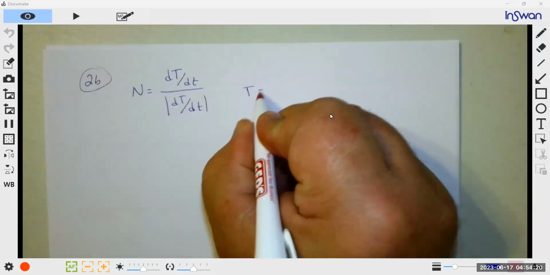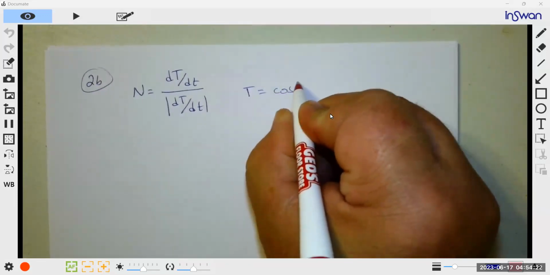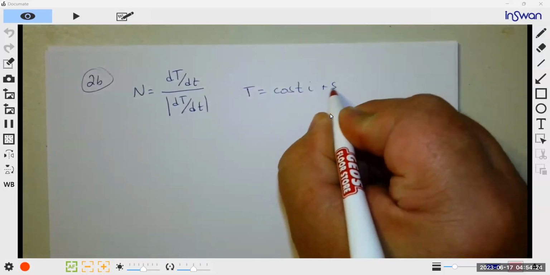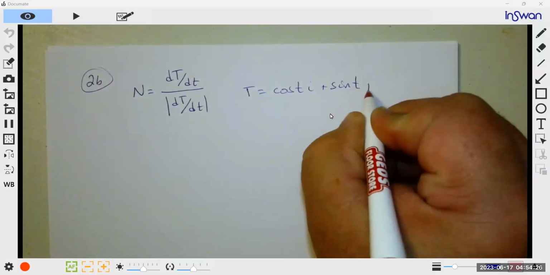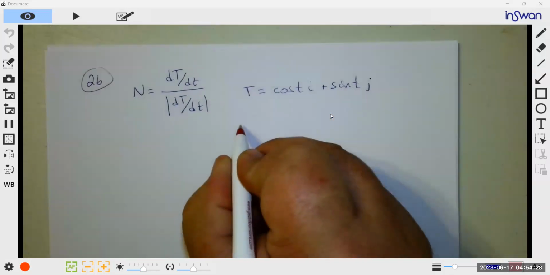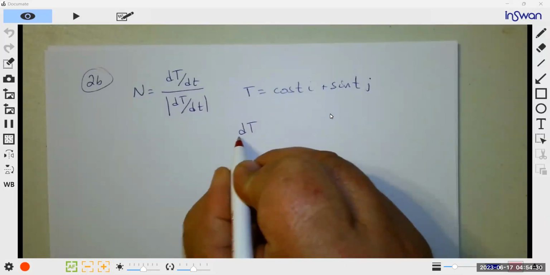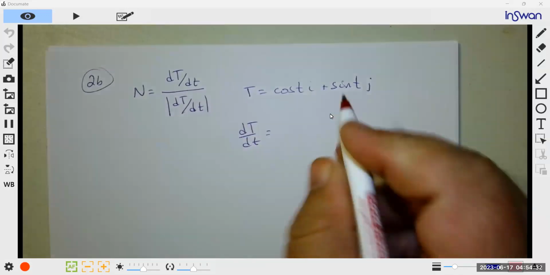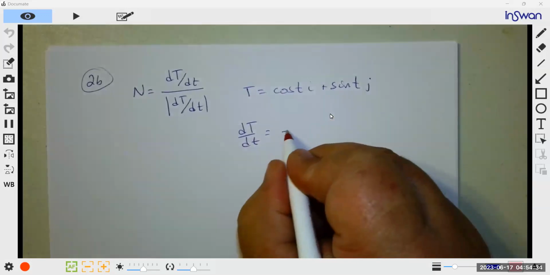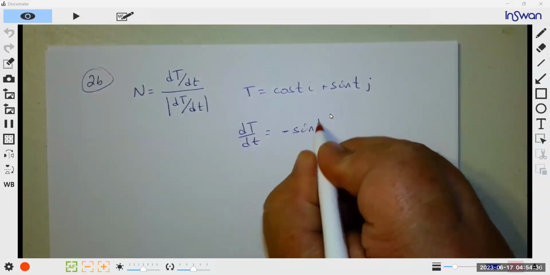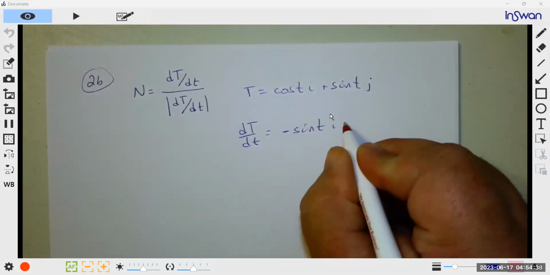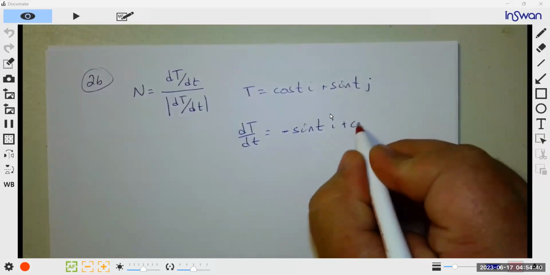And we know that T equals cosine t i plus sine t j. So the derivative of T with respect to t: cosine is negative sine, sine is cosine.